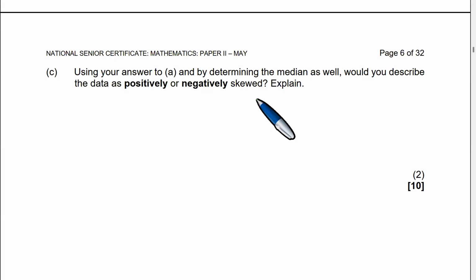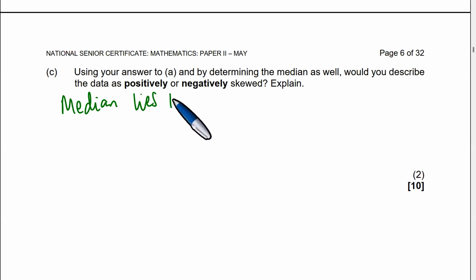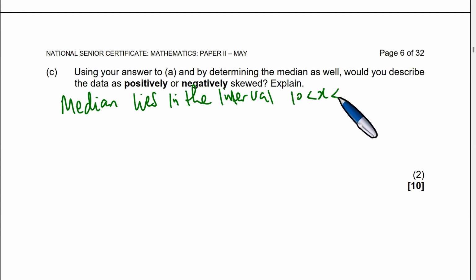Right, so the median would obviously be seen to lie... Let's look at the median class first. So I shall comment that the median lies in the interval 10 to 20.